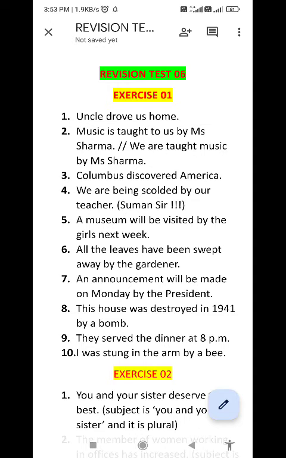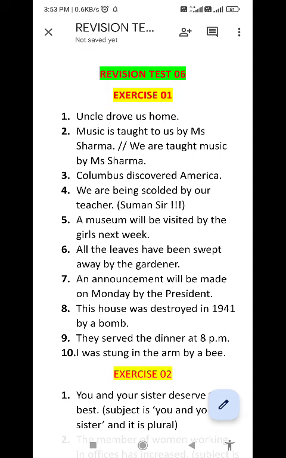They served the dinner at 8 p.m. It was written that the dinner was served at 8 p.m. by them. So by them, was served. Was served means this is passive voice. So in order to make it active, I took the object, made it subject, that is they served the dinner.